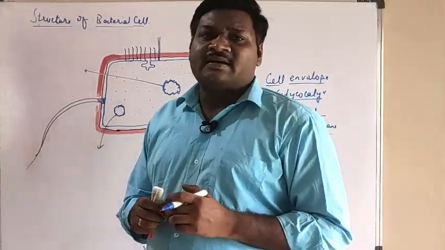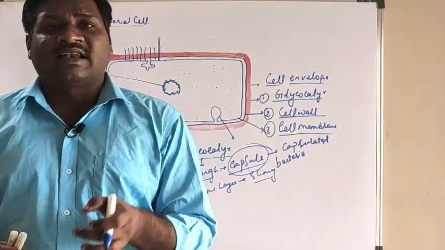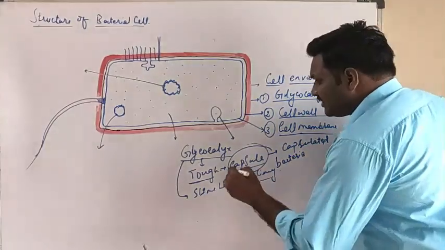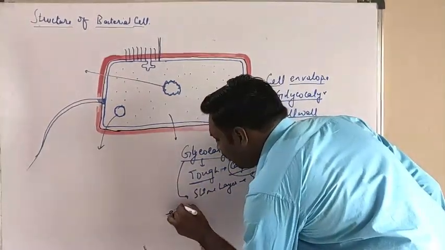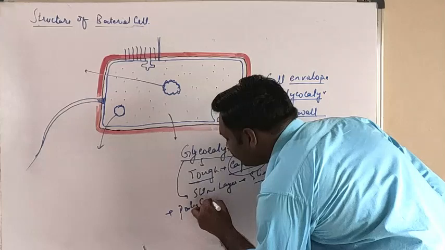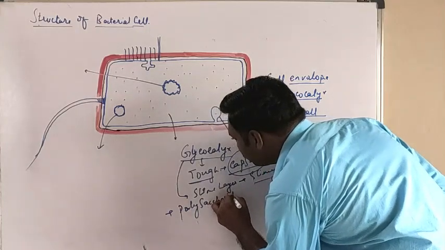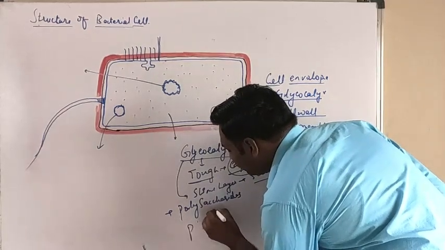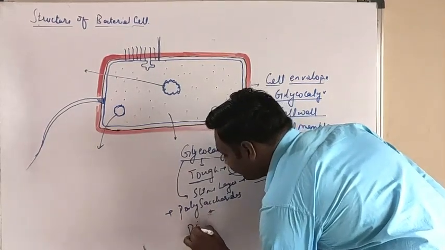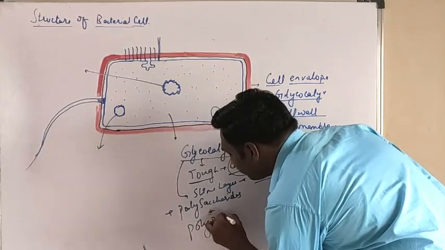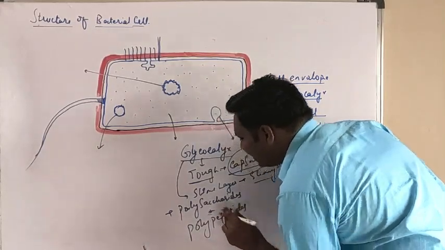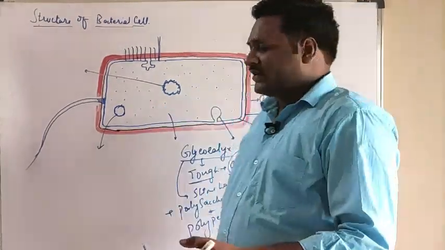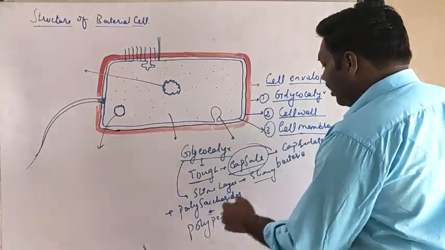Now, what is the chemical composition of this glycocalyx? This glycocalyx is generally made up of polysaccharides plus polypeptides. That means it consists of certain carbohydrates or sugars, as well as proteins, that is polypeptides.